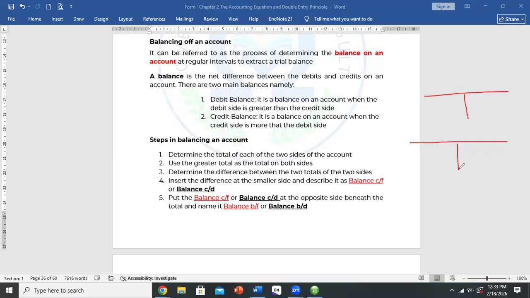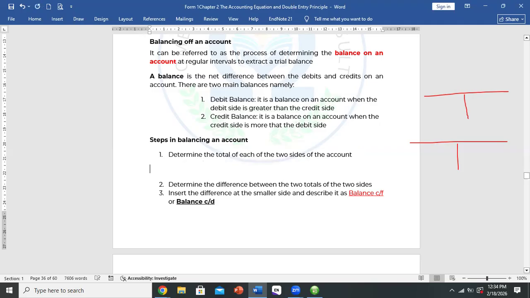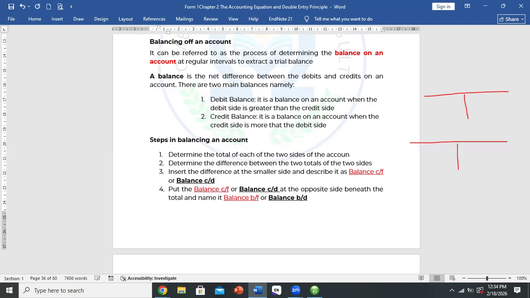Then I took you through the steps to balance off. The first thing is you need to get the total on both sides. So step one, you determine the total of each of the two sides of the account.